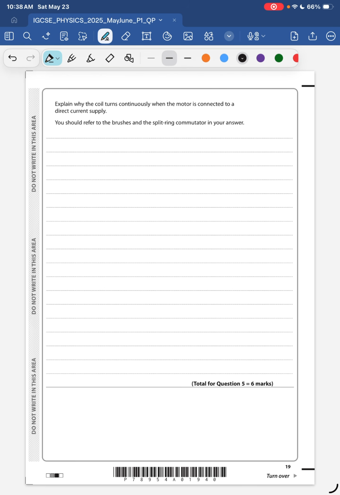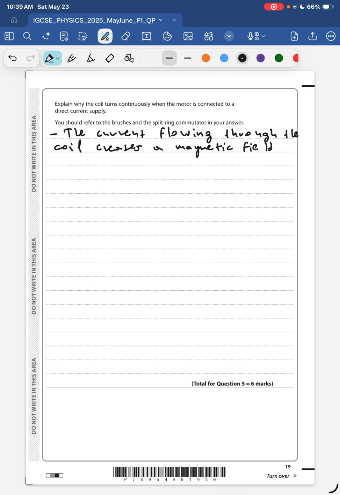So let's start by stating that the current flowing through the coil creates a magnetic field around it, making the coil behave like an electromagnet.